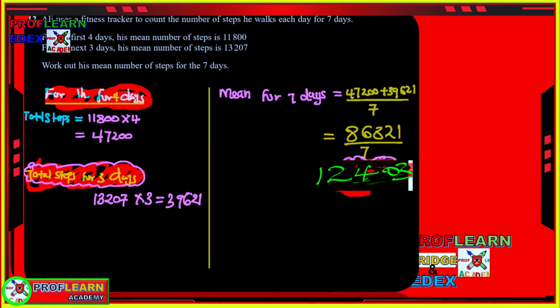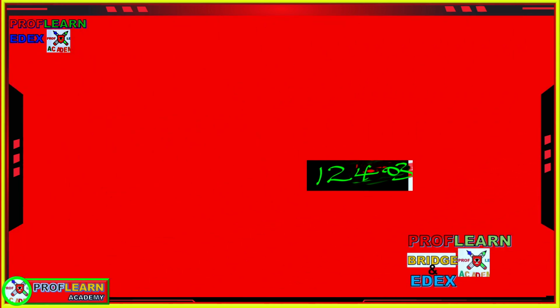So if we do the correction at this point, we are going to have our answer as 12,403, not 12,603. I would like you to take note of that. It's 403. That is just a typing error.